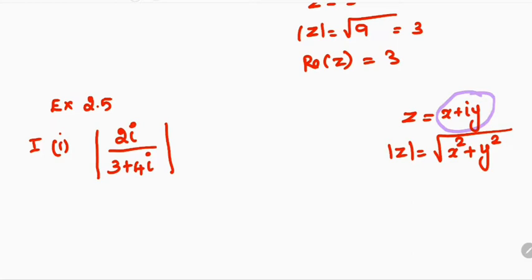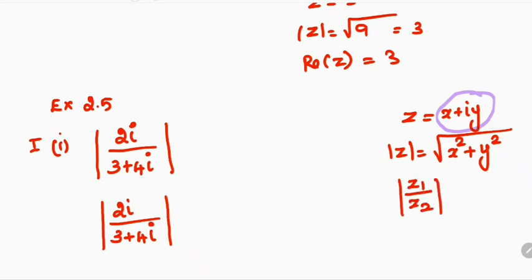Otherwise, we can see that the modulus of 2i divided by 3 plus 4i is in the form of the modulus of z1 by z2, which can be written as the modulus of z1 by the modulus of z2.